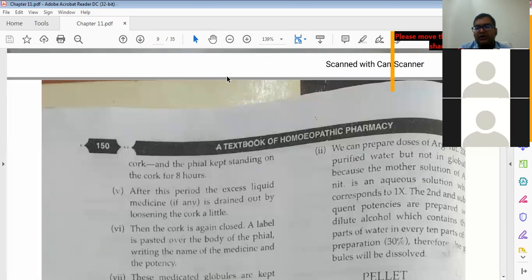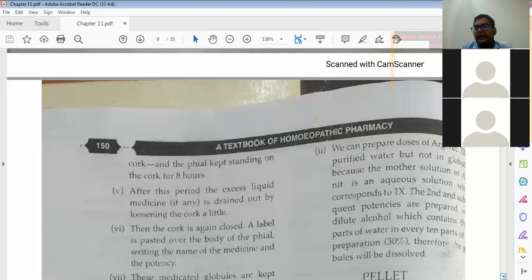It means you turn the cork down and keep it for 8 hours. Practically it is not possible, but theoretically you have to write it in your practical, because if you keep it for 8 hours, your practical time will be completed in one day. So in theory you have to write that you keep it for 8 hours.